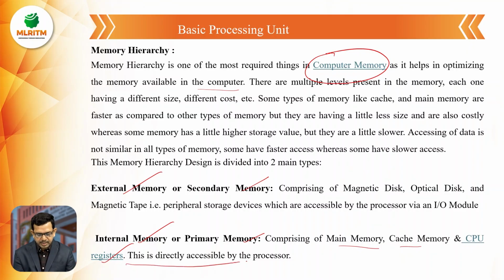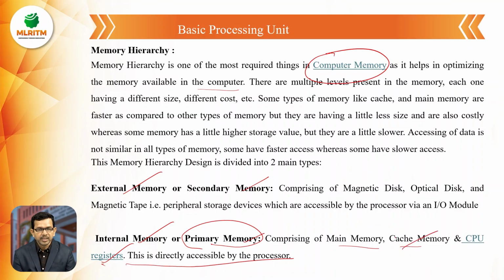Right? So this is directly accessible by the processor. The processor first doesn't go to the external memory or the secondary memory. Basically it tries to check in the internal memory or the primary memory. This primary memory plays a very important role in the memory hierarchy because the processor is going to check the main memory first and then go to the secondary memory.